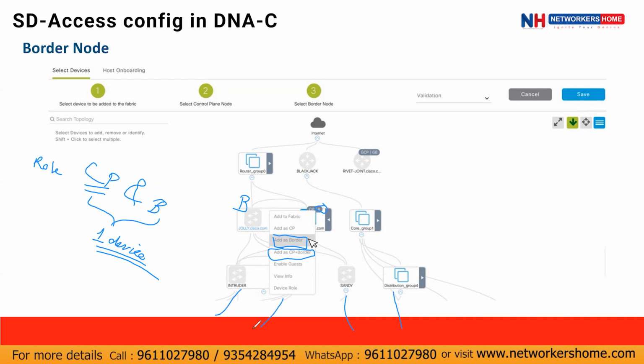Now again, it depends on the utilization, the number of users, the number of endpoints which are active on the network, and this specific thing will be decided in the network design part, whether to assign a single device both the roles, or you keep everything separate, or you want the internal and external border as one device and the control plane as another device.